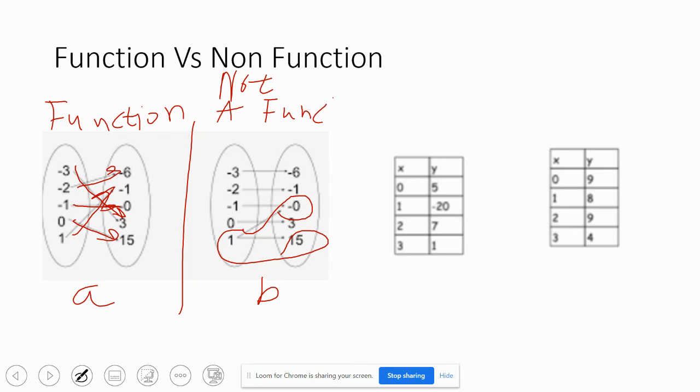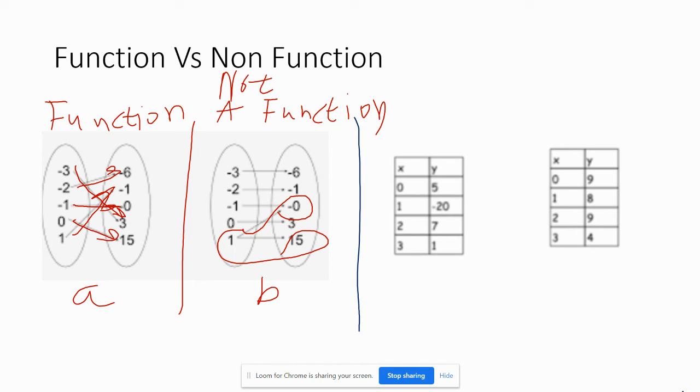You can also do this by looking at a table. So here are our two tables. Both of these are functions, because 0 goes to 5, 1 goes to negative 20, 2 goes to 7, 3 goes to 1; and 0 goes to 9, 1 goes to 8, 2 goes to 9, 3 goes to 4. I did both of these as functions on purpose to show you that it doesn't matter if y repeats.